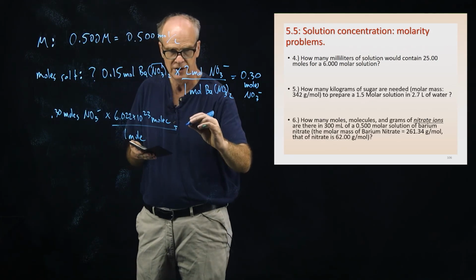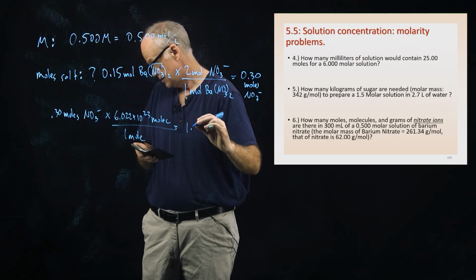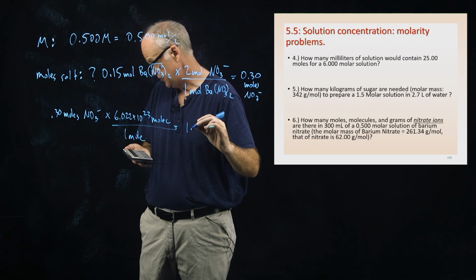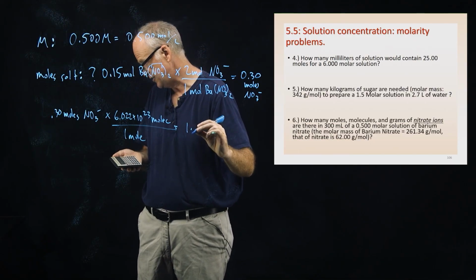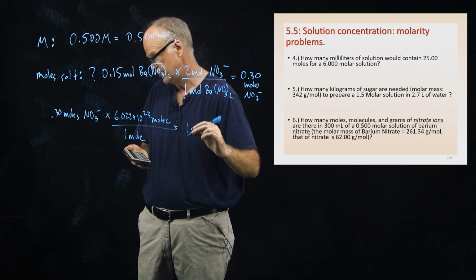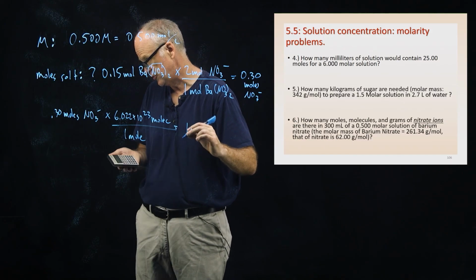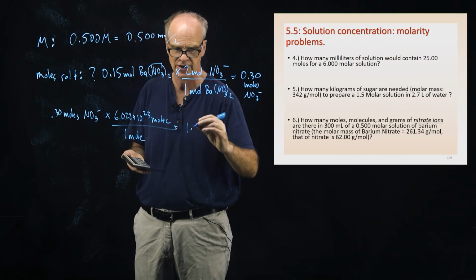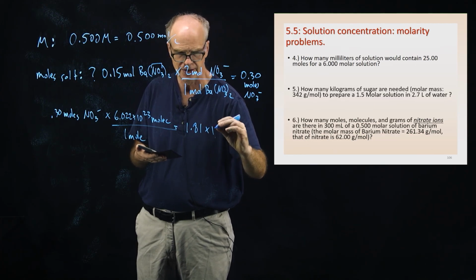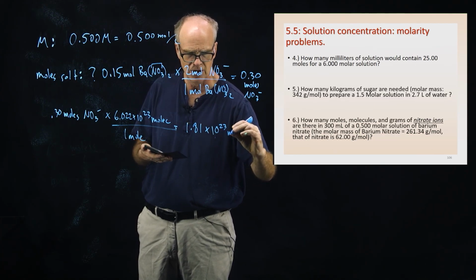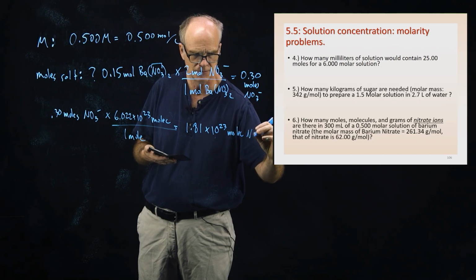I'm trying to figure out the correct number of significant figures. Let's assume in the problem the 300 milliliters, let's assume that those zeros are significant. I should have had a decimal after those zeros. So we should get an answer in 3 significant figures. So this should be 1.81 times 10 to the 23 molecules of nitrate.